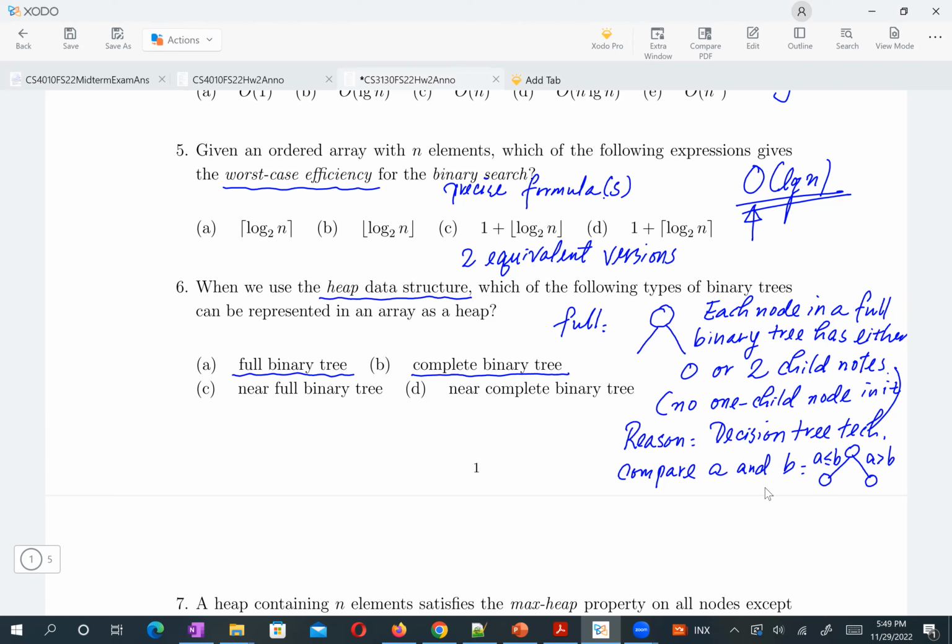Then when we want to represent algorithms based on comparisons like this, we can draw a decision tree here. And this decision tree, you can see it's a full binary tree. That is the full binary tree.